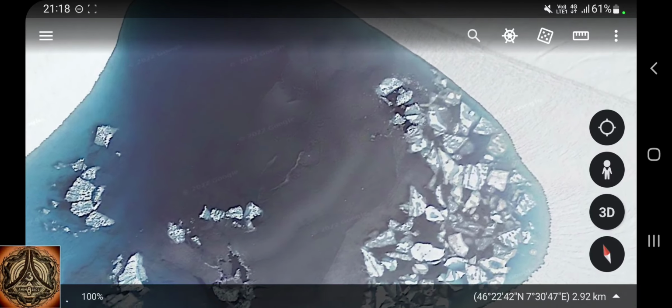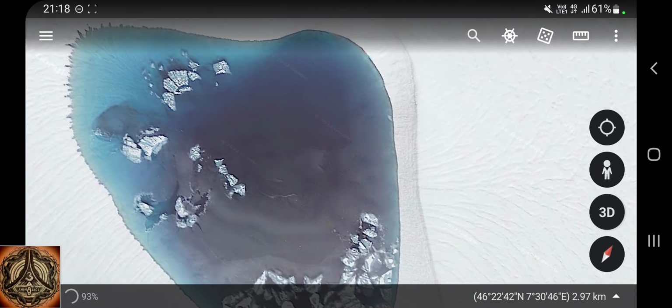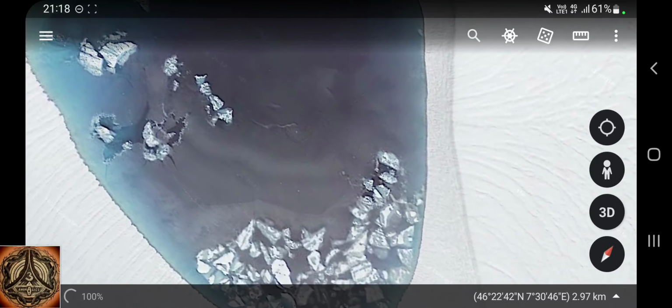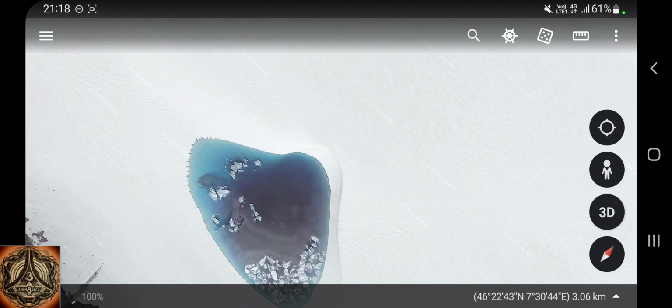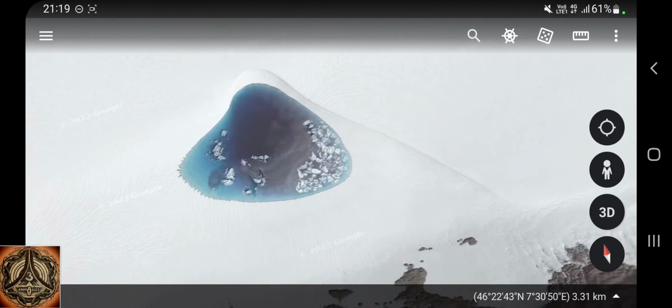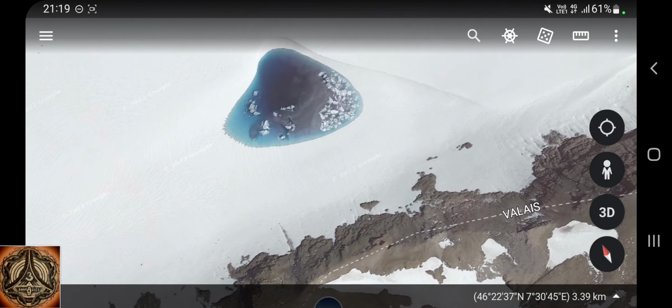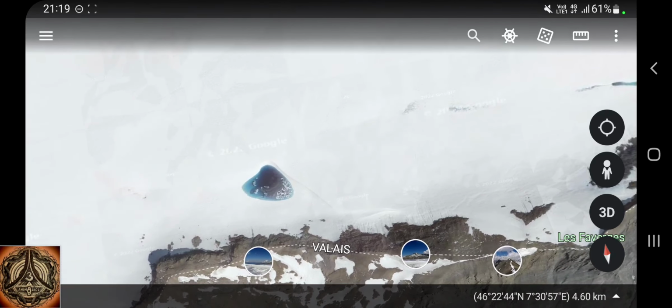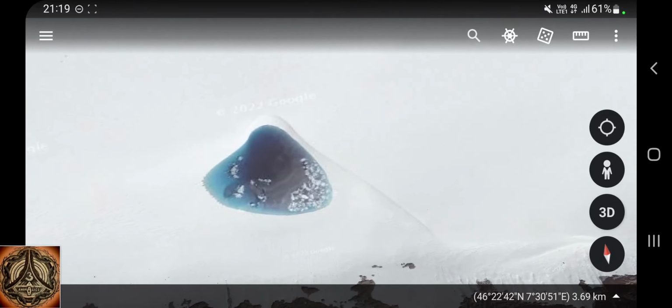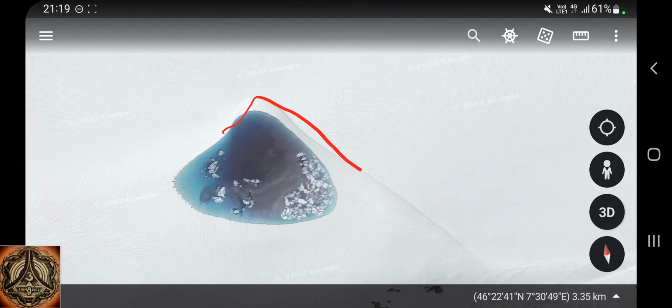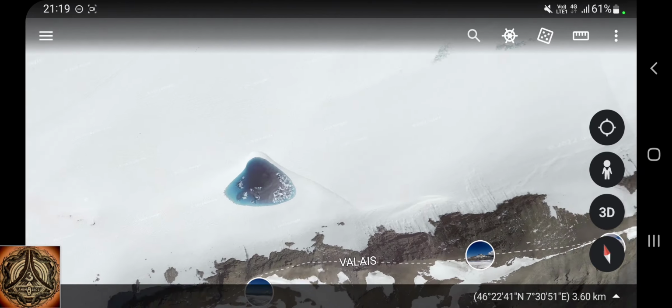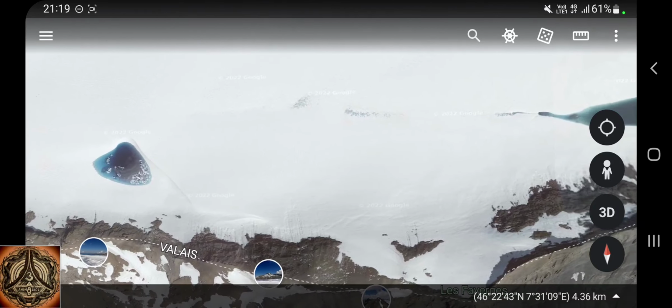To me, this looks like there would be sedimentary stuff emerging from the ground and also water, obviously. And it might be warmer than the ice since it is melting the whole thing. Now that's really interesting. And there is some kind of line here. Maybe this is bulging up. Or maybe not.